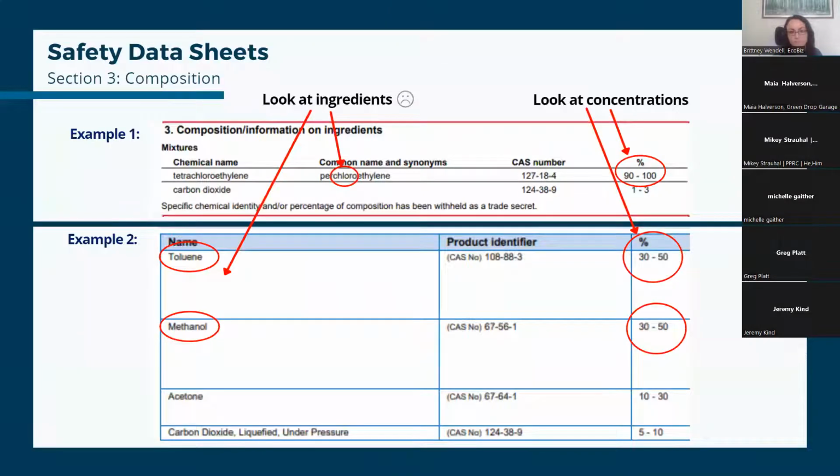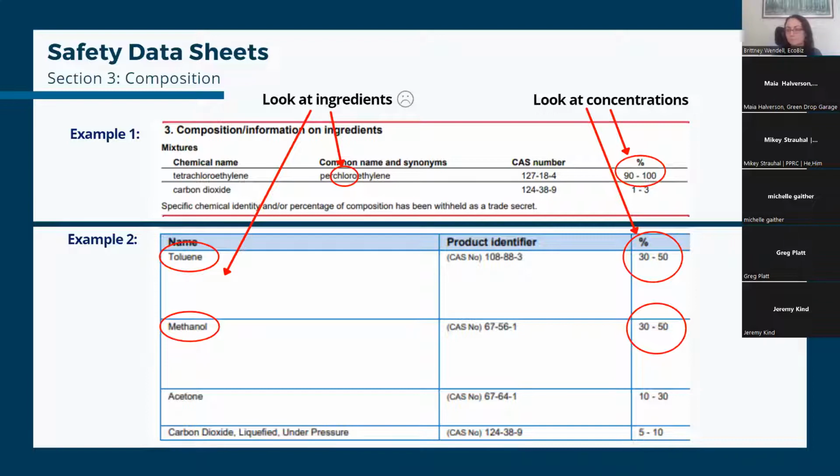Okay, next slide. Section 3 is our composition. So here's our example 1. It's tetrachloroethylene with a carbon dioxide propellant. There's our chlor that we know now to identify chlorinated chemicals or chlorinated compounds. And this one's especially concerning because it's 90 to 100% of the aerosol product itself.